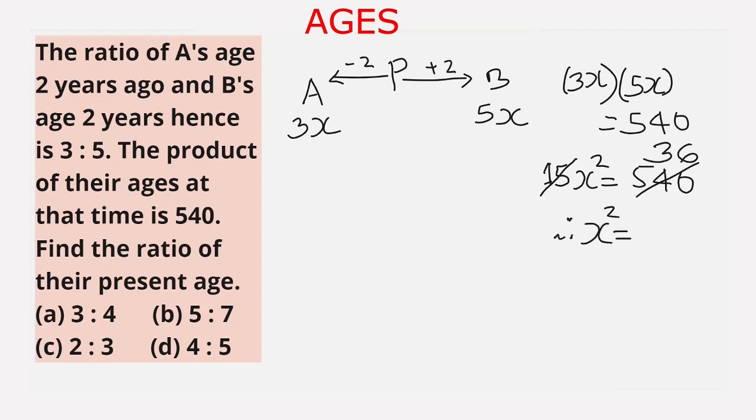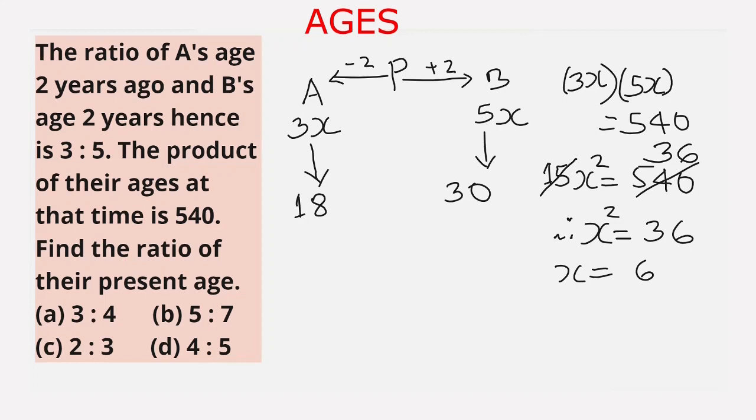Therefore, x square equal to 36 and x equal to 6. Now 3 times x is 18, that is the age of A 2 years ago, and 5 times 6 is 30, that is the age of B 2 years from now.